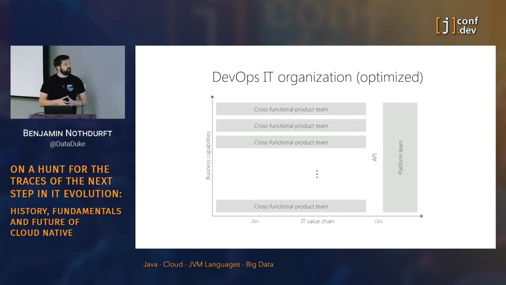Then came the DevOps organization shift. Now we are focusing on building cross-functional teams, so that within a team you have all the capabilities, front end, back end, and operations, so that you can run everything on a platform 24/7 and also maintain it.